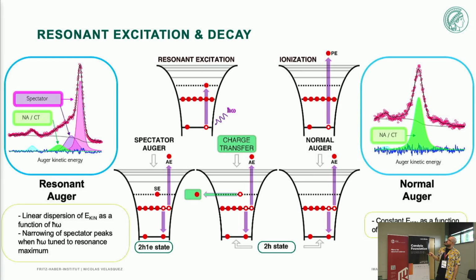And why? Because charge transfer, the CT channel, will be manifested as a peak to the lower kinetic energy side of the resonant channels. So this is CT, and these are the resonant Raman channels, and also these are blue shifted. So if you look at your 2D map, you will clearly see a straight line similar to this one, but happening below the ionization potential.